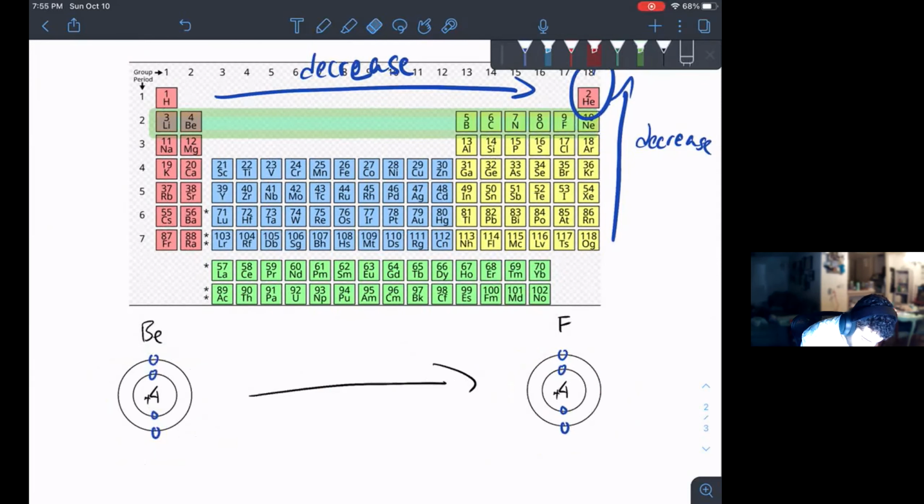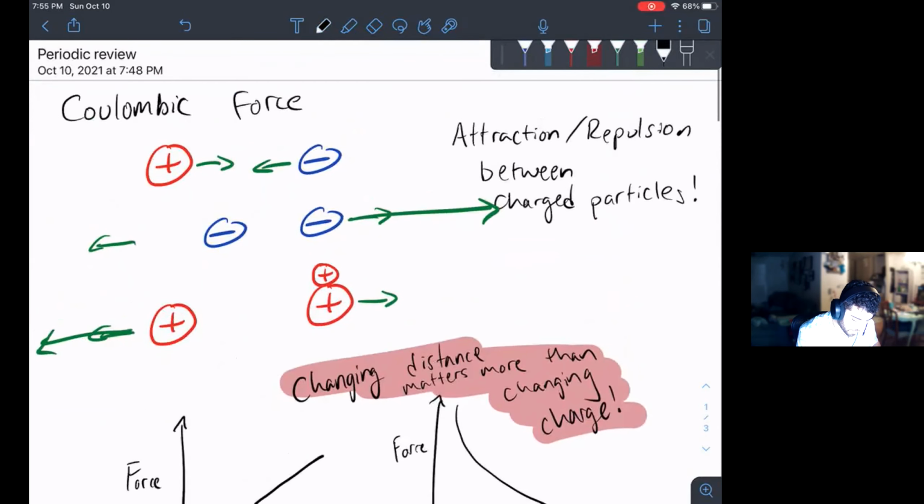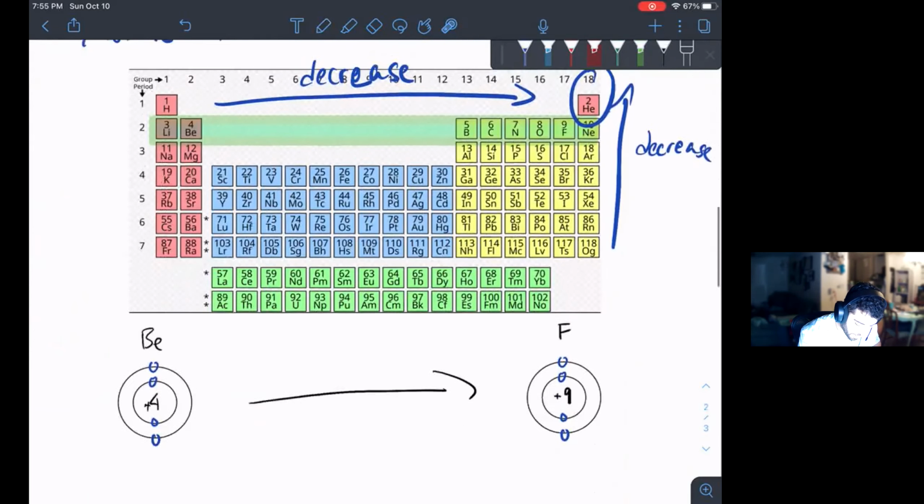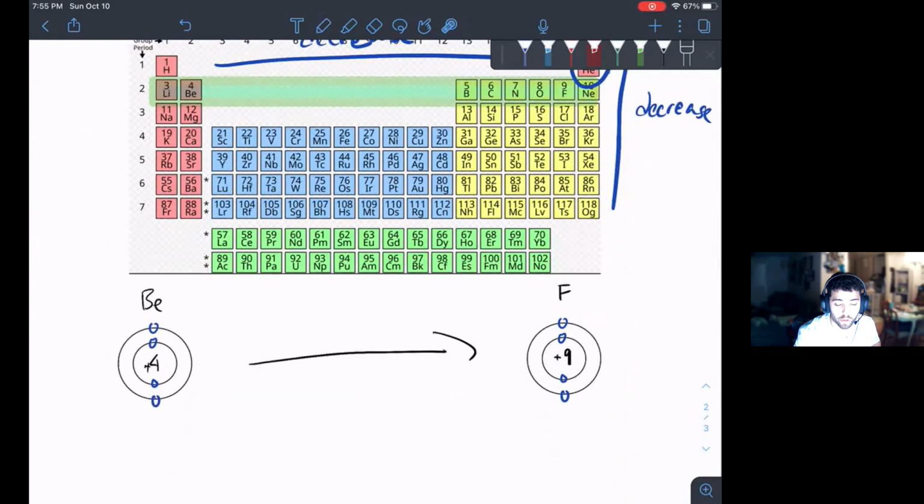Instead of 4 protons, fluorine has 9 protons. Looking at Coulombic forces, as the charge increases, the force will also increase. Therefore, with 9 protons, that's more charge. That's more than double the charge as beryllium.